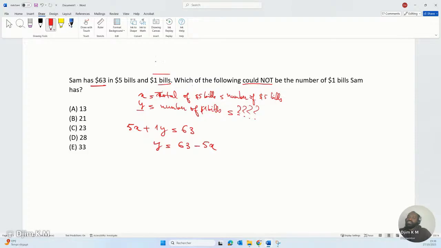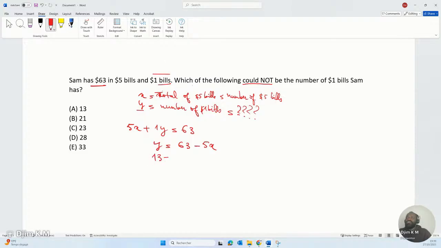Maybe we can just use the trial and error method, or we can try with the possible answers that we have here. For example, if y is 13, we need to find the value of x that will be a decimal value.